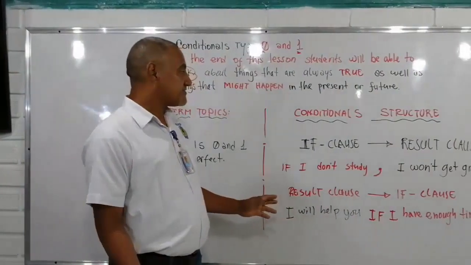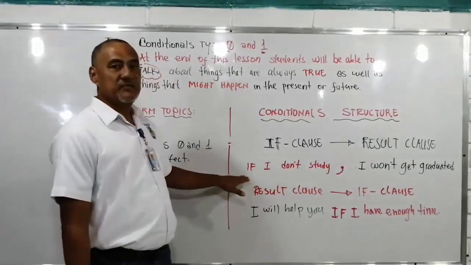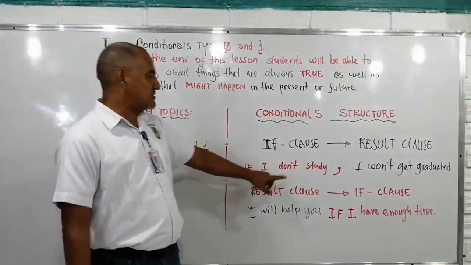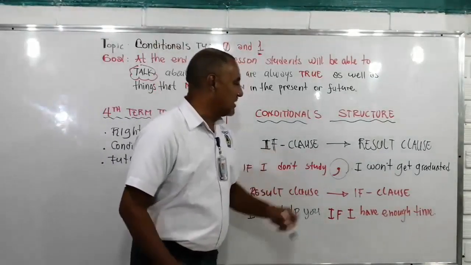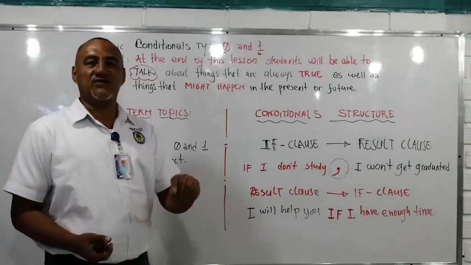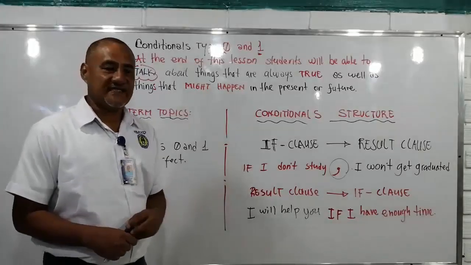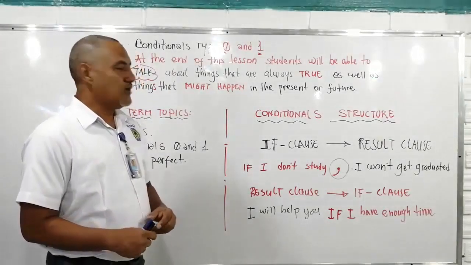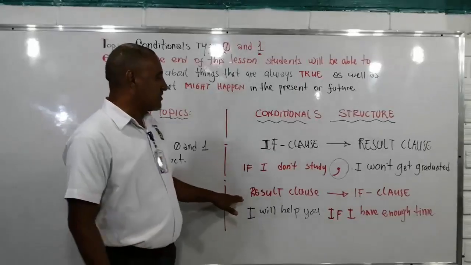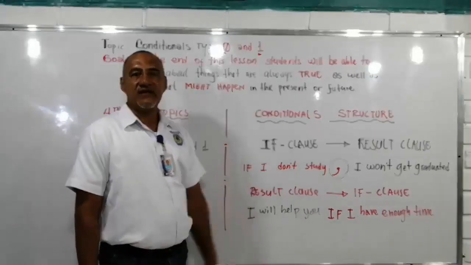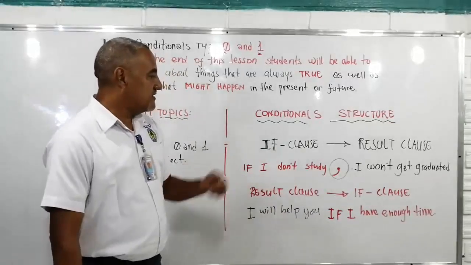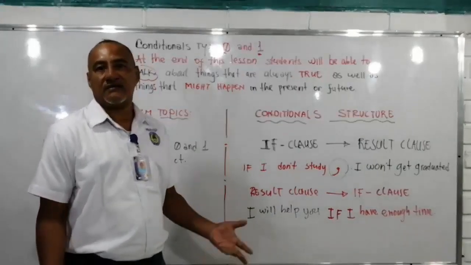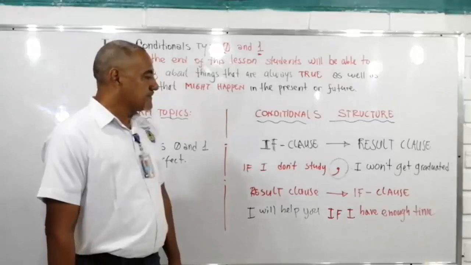Very simple. Remember when we place the if clause first, then we have to take this into account, a comma, right? But that is when you are writing, okay? We can do vice versa too, the result clause and the if clause. I will help you if I have enough time. Te ayudaría si tuviese tiempo.